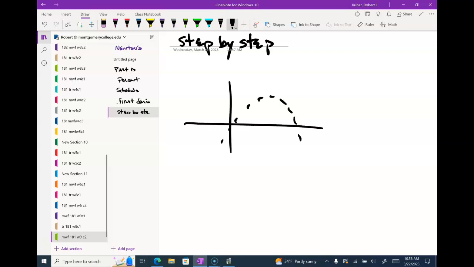Here's my function. Increasing here, yes? Decreasing here, yes? Which means I'm going to have what in between? What's going to be in between the increasing part and the decreasing part? Standing at the top, right? A local max.